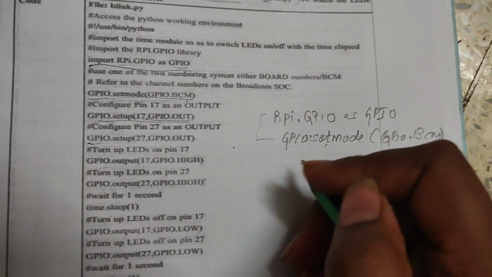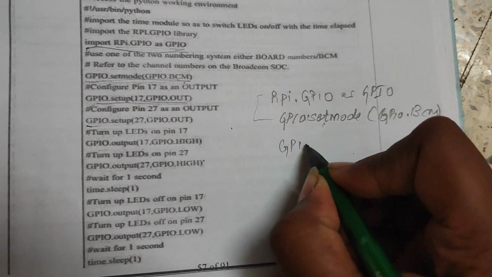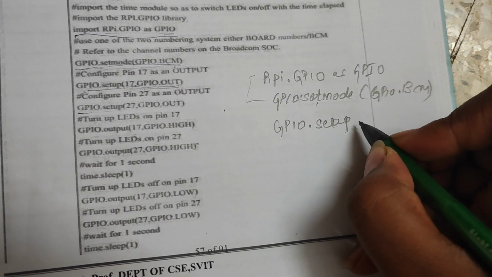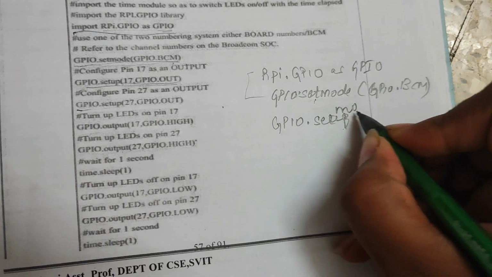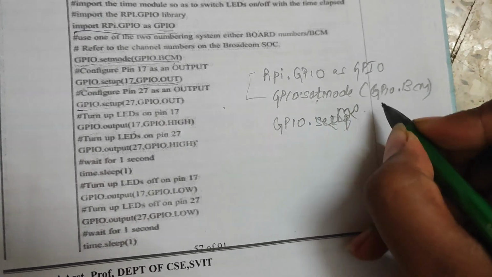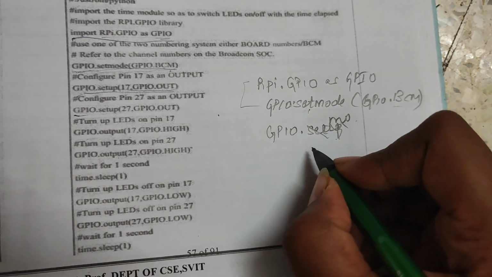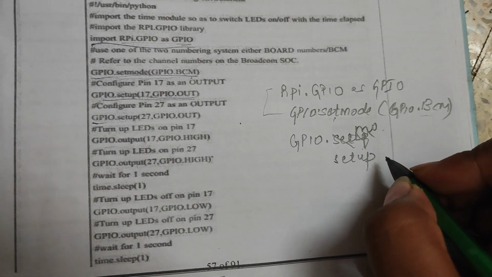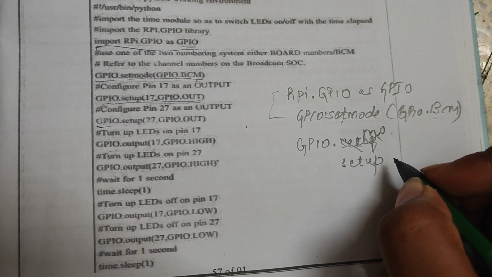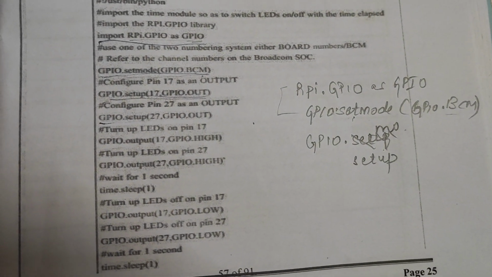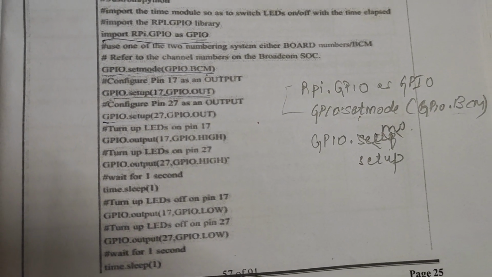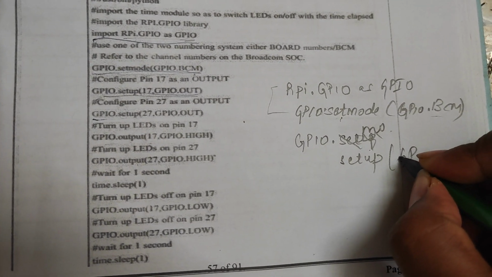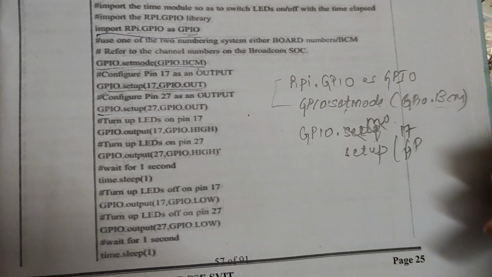Other than this, you have GPIO.setup. Set mode is only for setting the processor, and this is setup. So GPIO.setup of pin 17 and the 27th pin.